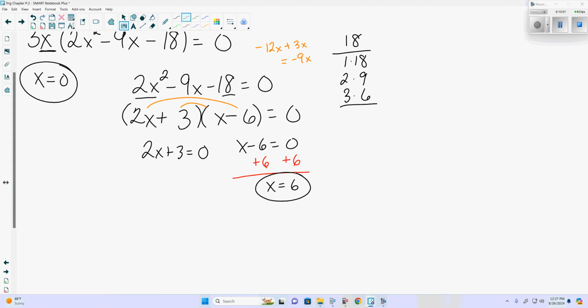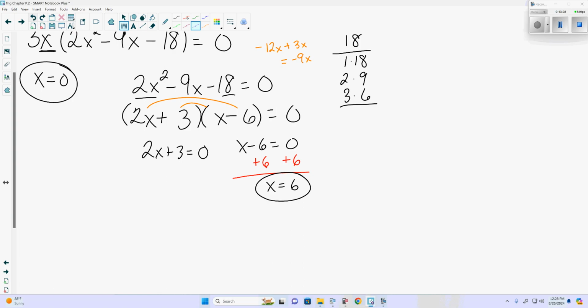Now, if it said one of the solutions was, say, negative 6, what would its factored term be? If this was negative 6, what would that be? If we know one of the solutions, it does give us kind of a hint at one of the factors.